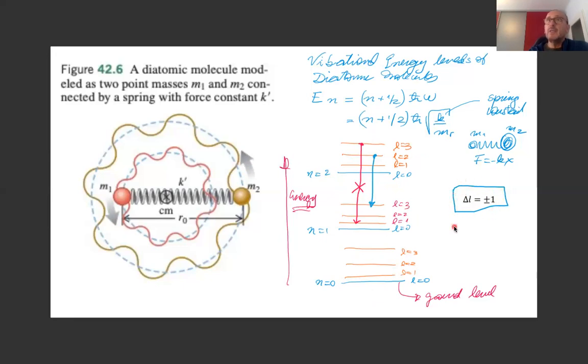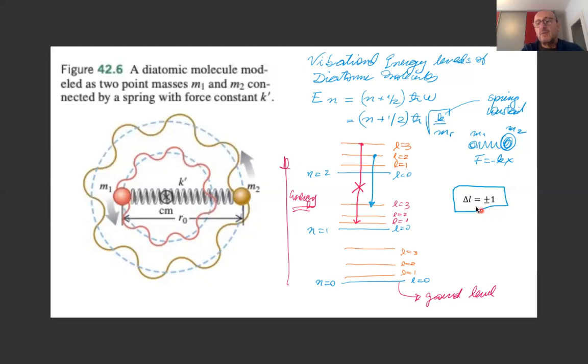What you can see here are optical transitions, meaning the emission of a photon between two of these levels, if the selection rule is fulfilled, meaning the difference between the two rotational levels can be plus or minus 1. That is a restriction, because the photon has an intrinsic angular momentum, L equals 1. It's a special angular momentum because the mass of the photon is 0, but it does have angular momentum. It has to do with the rotation of the polarization of the photon.